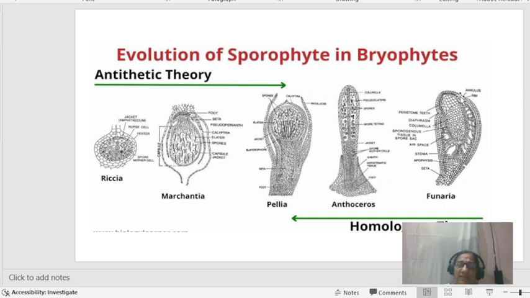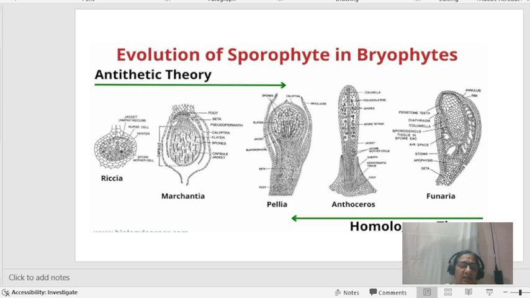Most of the sterilization is because of the performance of various functions: the foot helps in anchorage, the seta helps as the stalk supporting the capsule, and the photosynthetic cells, when present, help in the preparation of food. So this is the antithetic theory or the theory of sterilization, right from Riccia to Funaria. There is continuous sterilization of the sporophyte.